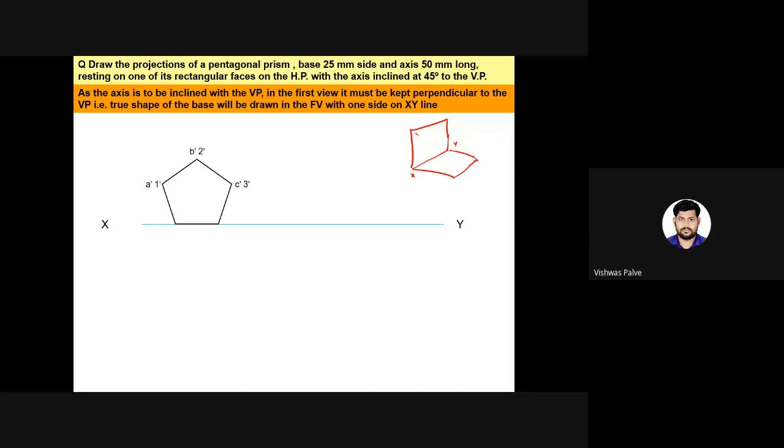This object is a pentagonal prism, 25 mm side of base and 50 mm axis length, resting on its rectangular face on HP. So see here, it is going to rest on its rectangular face. This is the object.